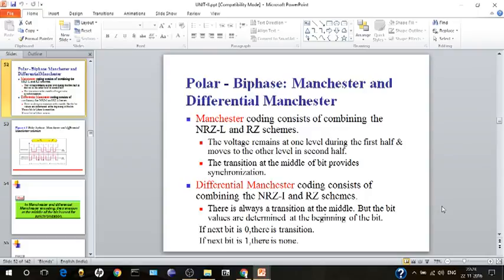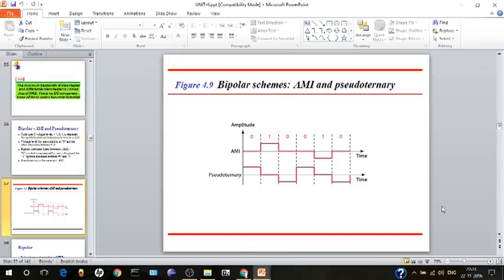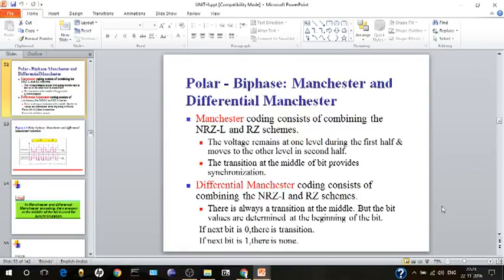Now let's go to Manchester and differential Manchester. Manchester combines both techniques. Voltage changes at the middle. These are a bit important, so I'm gonna give a quick glance at them. In Manchester, the voltage changes at the middle of the signal, and it reduces DC components.